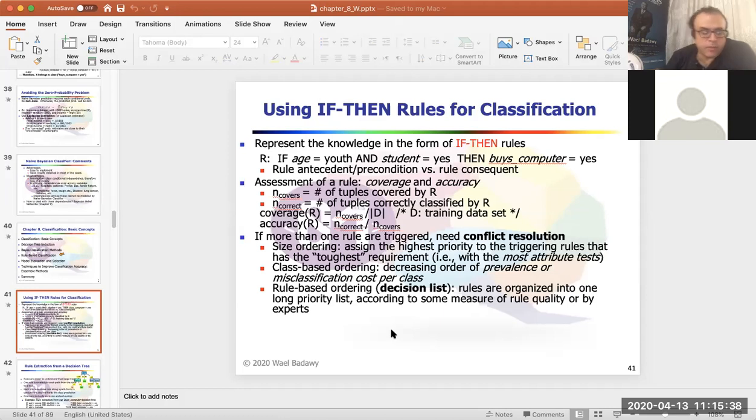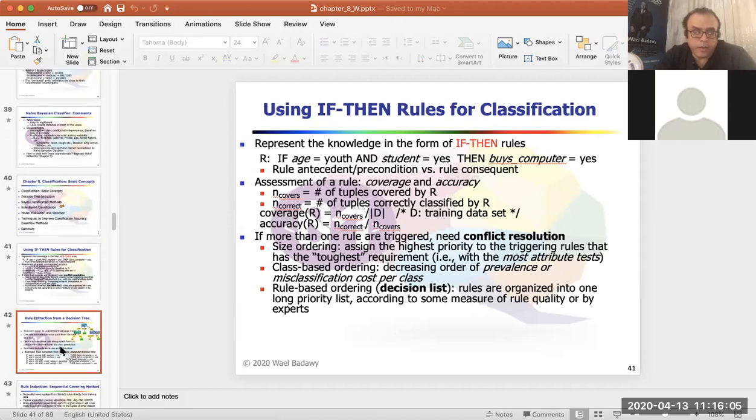Once you have a conflict, there are many techniques to work on it. One technique is to give the rule a value or rule power, like an index. You may also give the rule a priority, so that if this rule applies, the other one will not be applied.